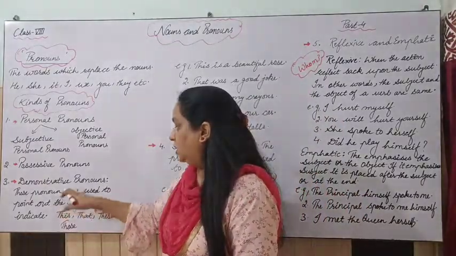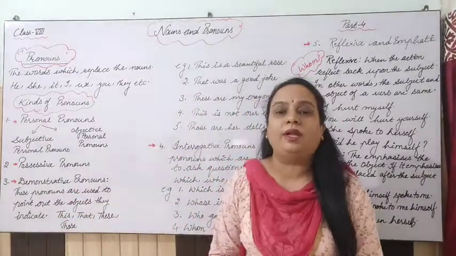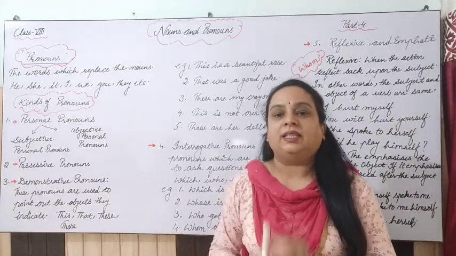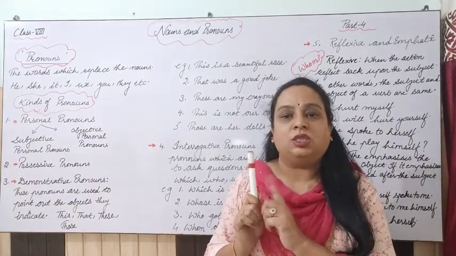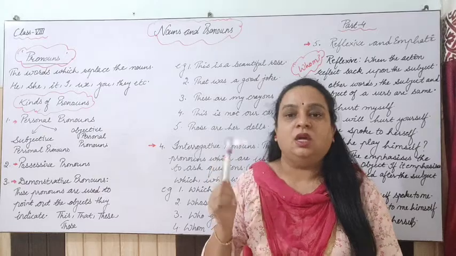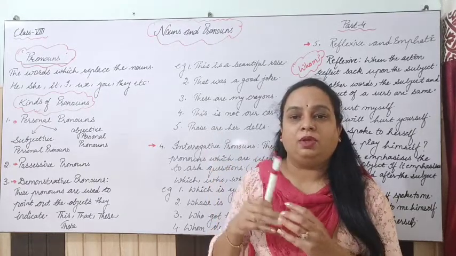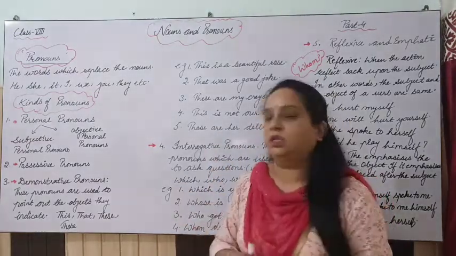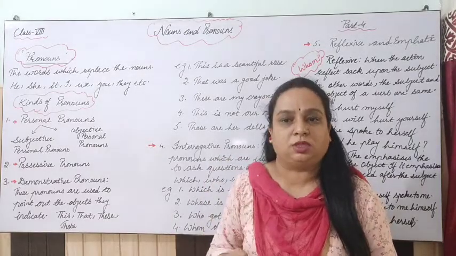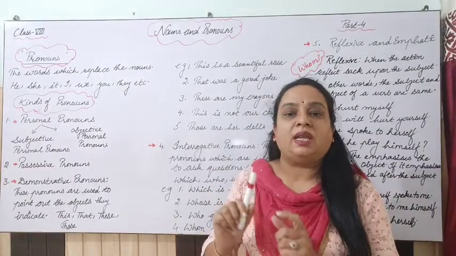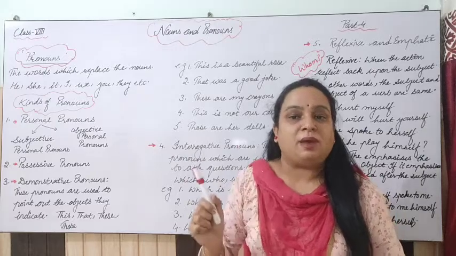Demonstrative pronouns are the pronouns which are used to point out objects, like: this pen is mine. This pen means this marker, and I am using this to point out that particular object or objects, right? So this pen is mine, if I am speaking.